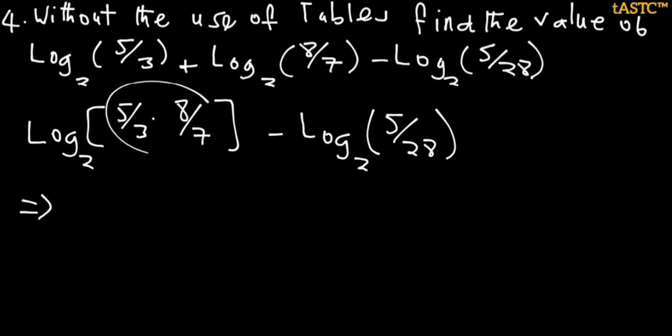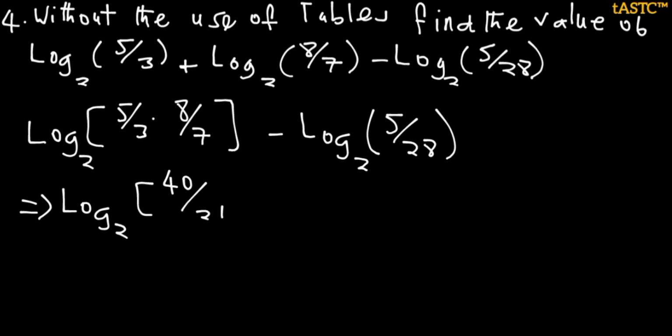Now we know that from here we cannot really work any cancellations. So we just need to go right ahead and have it as 40 divided by 21 at least. Now if we have it minus log to the base 2 of 5 divided by 28, I think I need to rewrite that.